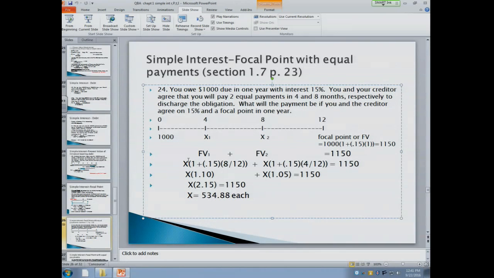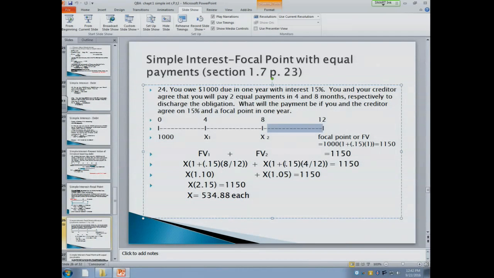Well, so X1, we want to find the future value. So we have X1 times 1 plus 0.15, the interest rate. And this is for 8 months. The future value of X2 is X2 times 1 plus the 15%, but X2 interest is only for 4 months, 12 minus 8.